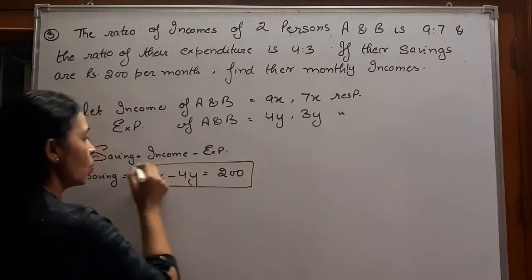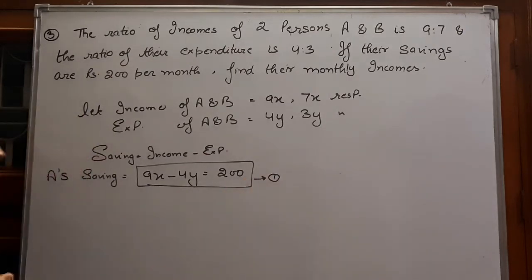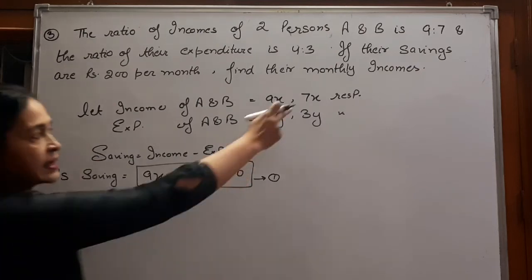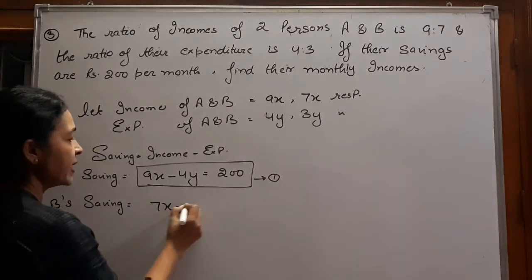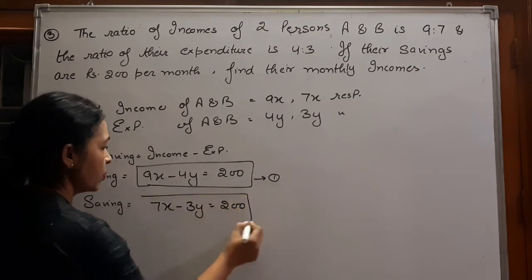This is our equation 1. Now for B, the income of B is 7x and expenditure is 3y. We have 7x minus 3y equals 300. Second equation.